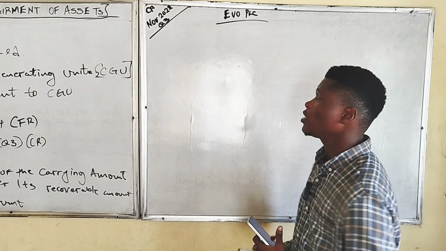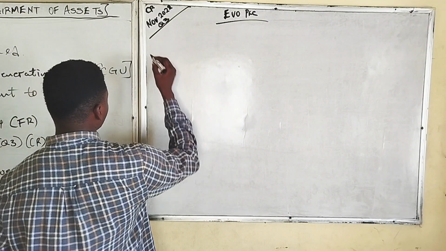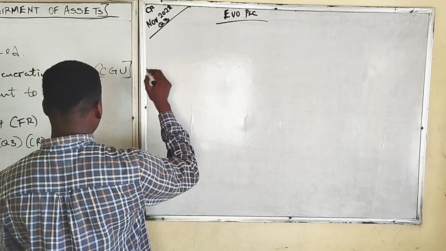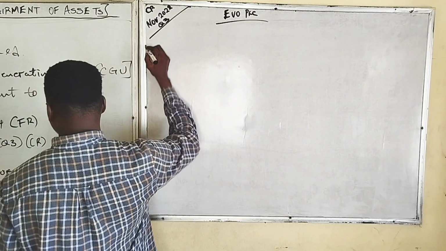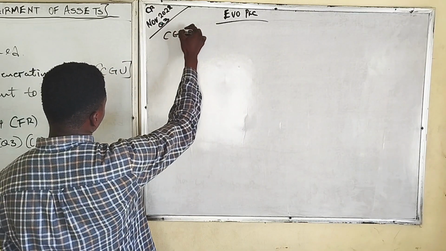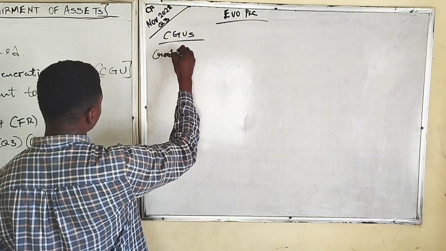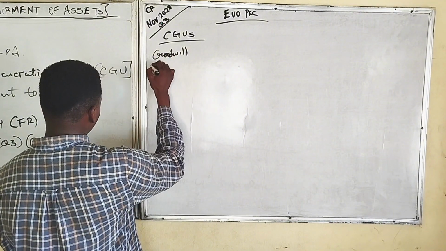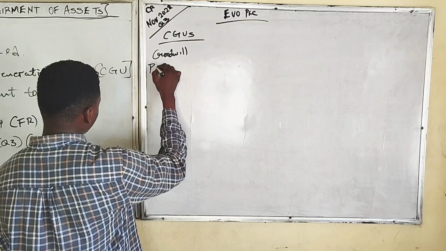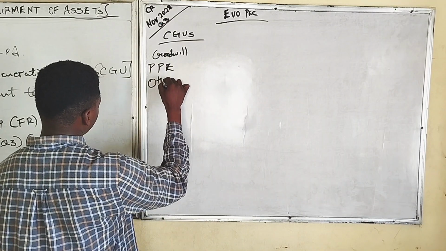So we need to know if the cash generating unit value has been impaired or not. So we need to test, we need to check impairment. The cash generating units were given, we have CGUs. We're given goodwill, we're given PPE, which is property, plant and equipment, we're given other assets.